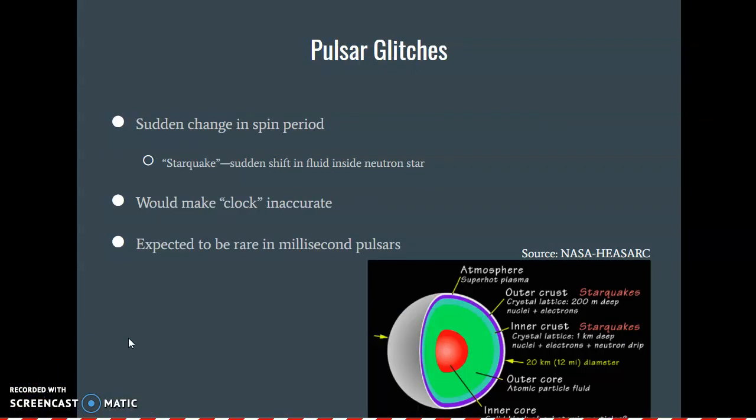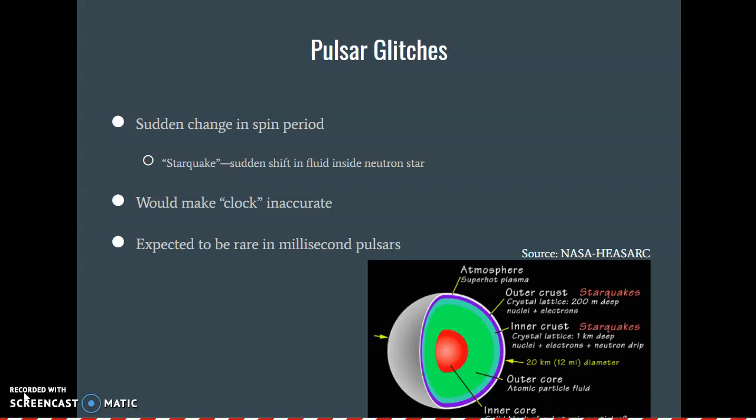So, with regards to millisecond pulsars, which are the type of pulsar that NANOGrav uses, that have a pulse every few milliseconds, I searched for glitches in the times of arrival of the pulses.